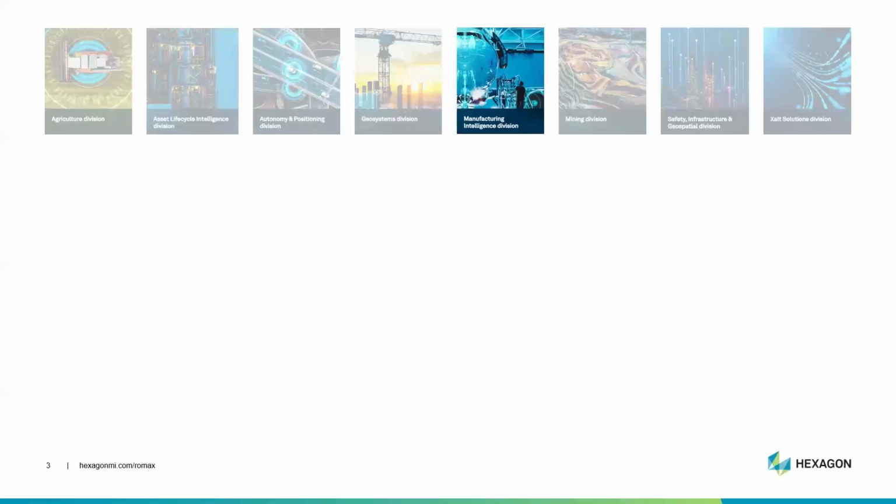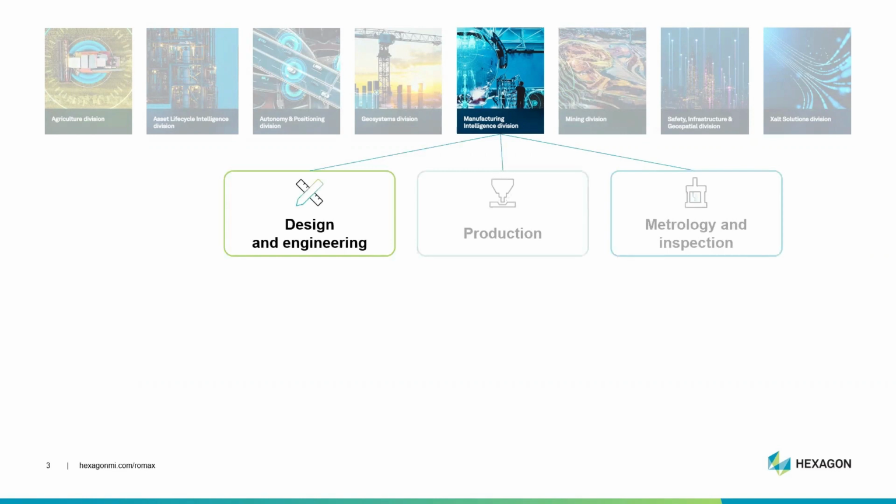Across the Hexagon organization, there are a number of divisions covering everything from agriculture, geosystems, mining, safety, infrastructure, and others. I'm part of the manufacturing intelligence division, and within that division we have sections on metrology and inspection, production, and design and engineering software.